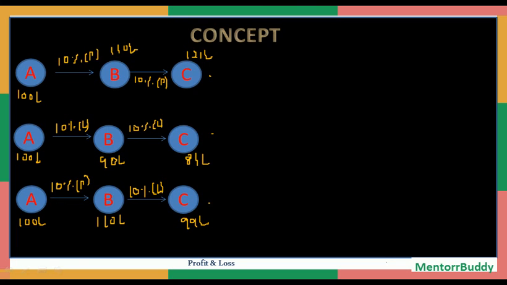So we can see, if we discuss the overall transaction, 10% profit and 10% profit should be 20% profit. But if this had been a 20% profit, a 100 lakh property must have cost 120 lakh rupees. So this is wrong. In the second case, 10% loss and 10% loss is basically 20% loss.